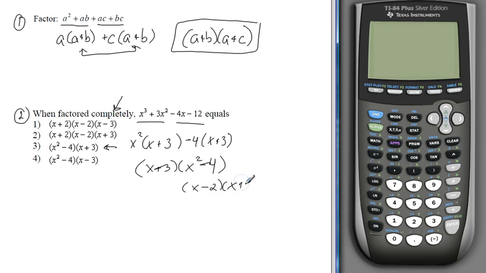And don't forget the front part, which was x plus 3. So I have x plus 3, x minus 2, x plus 2. The order doesn't matter, like the commutative property of multiplication. If I look at the choices, 1, no. So the answer is choice 2.